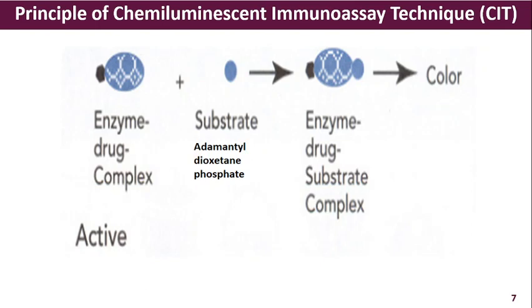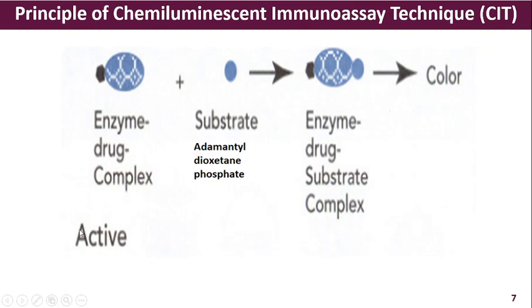The molecule that is generally used for chemiluminescence assay is called adamantyl dioxetane phosphate. So adamantyl dioxetane phosphate is a molecule which is inactive in the form of phosphate salt. But when the phosphate is cleaved from the adamantyl dioxetane, it will produce an unstable substance, that is adamantyl dioxetane, and phosphate will be released, and that adamantyl dioxetane will be luminescent in nature.